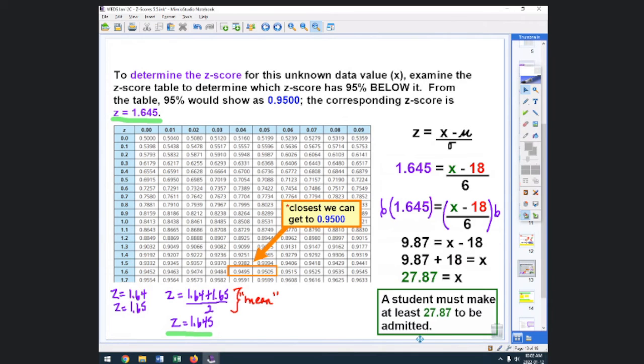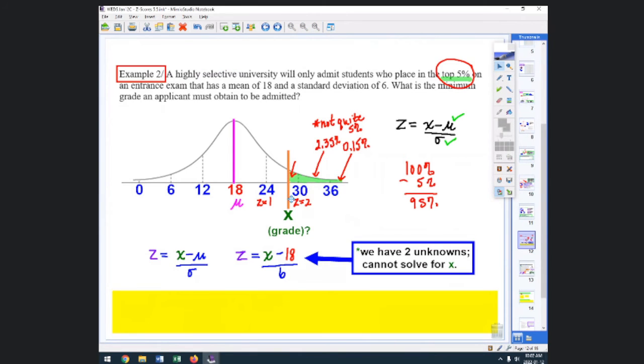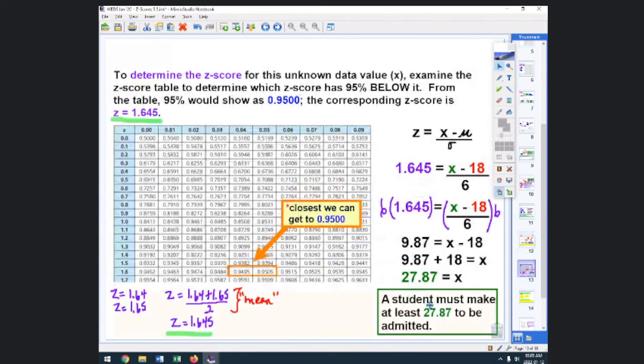Okay, so top 5% means there would be 95% below. That's why I'm going for 95%. Does this score look like it's between 24 and 30 for the top 5%? But does it look like maybe it's closer to 30? Does this score make sense then?